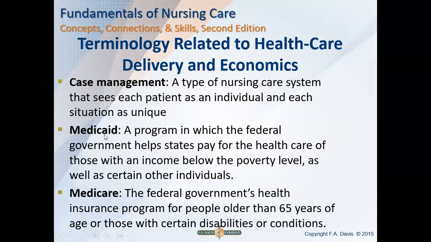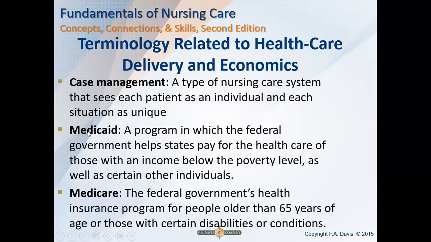And Medicaid is a social welfare or social protection program. But Medicare is a social insurance program. So before going to the next page, I want to tell you something.